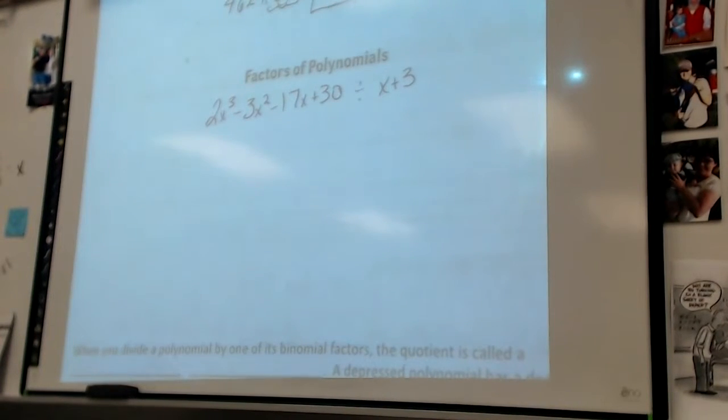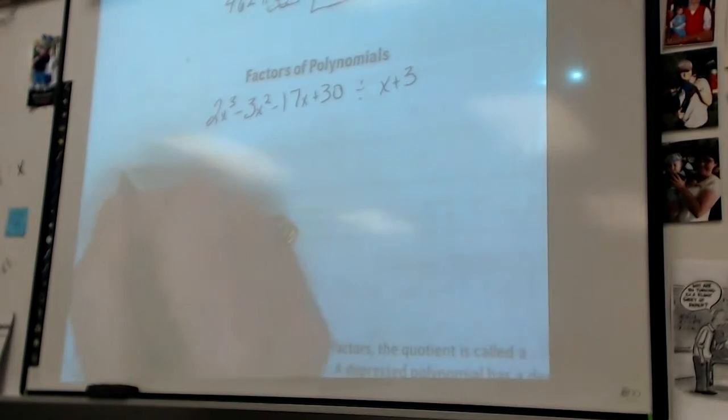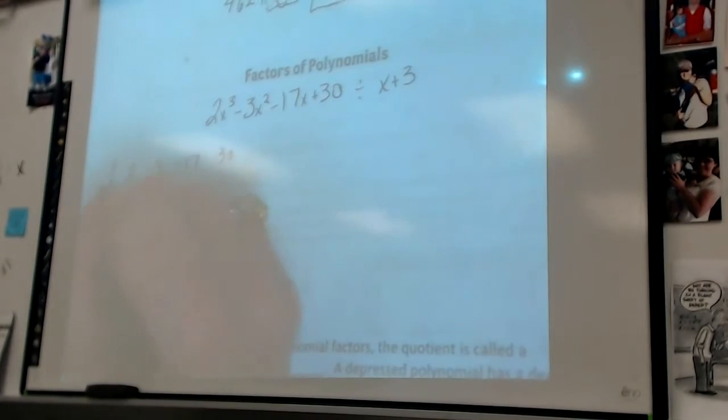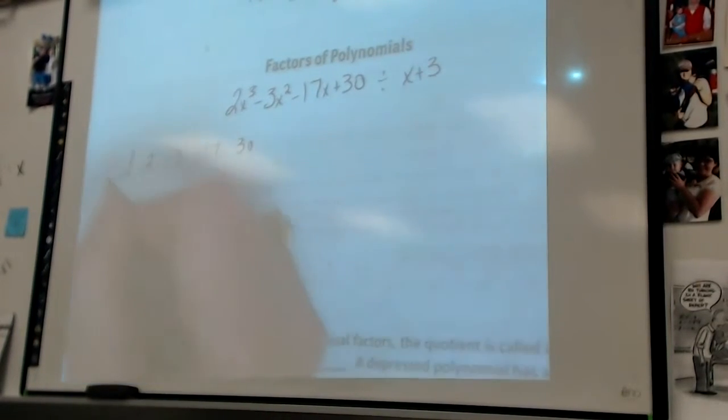So let's use synthetic division. Do we have any missing terms? No. So 2, negative 3, negative 17, and 30. And then what are we going to put right here? Negative 3.